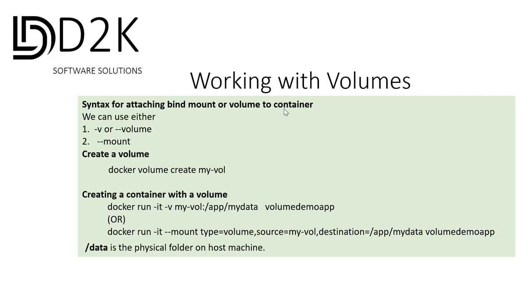As I mentioned previously, the difference between the bind mount and the volume type is that you don't need to provide the source path. It will automatically go to the specific path only. So I'll switch to the command prompt.